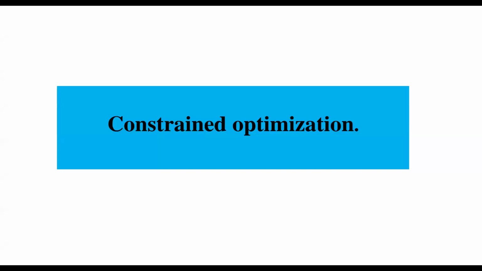Now we look at constrained optimization. In the previous conversation, we had unconstrained optimization, where the objective function is maximized or minimized without a limit.